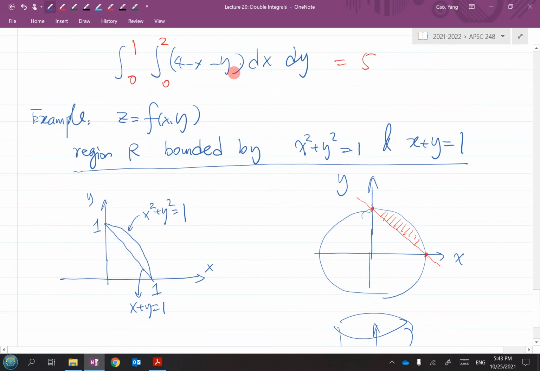The integrand here is exactly that function, z equal to f of xy.